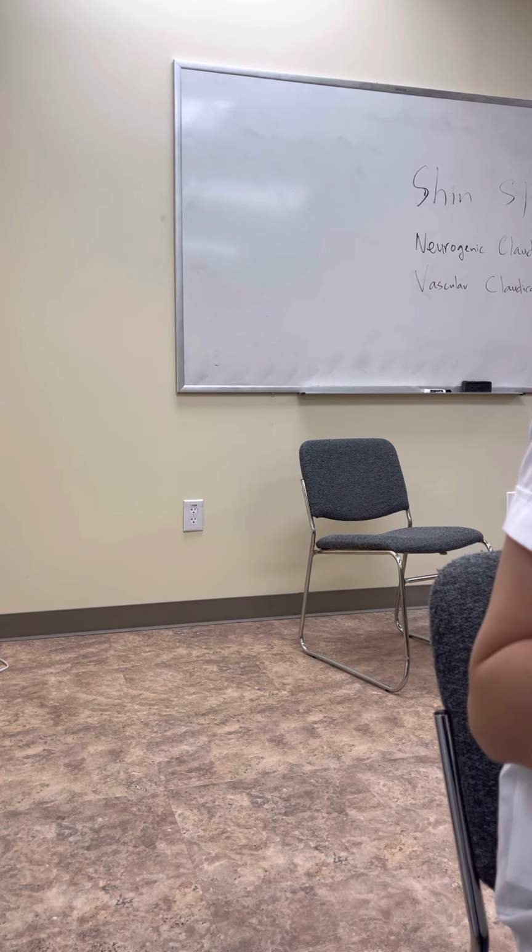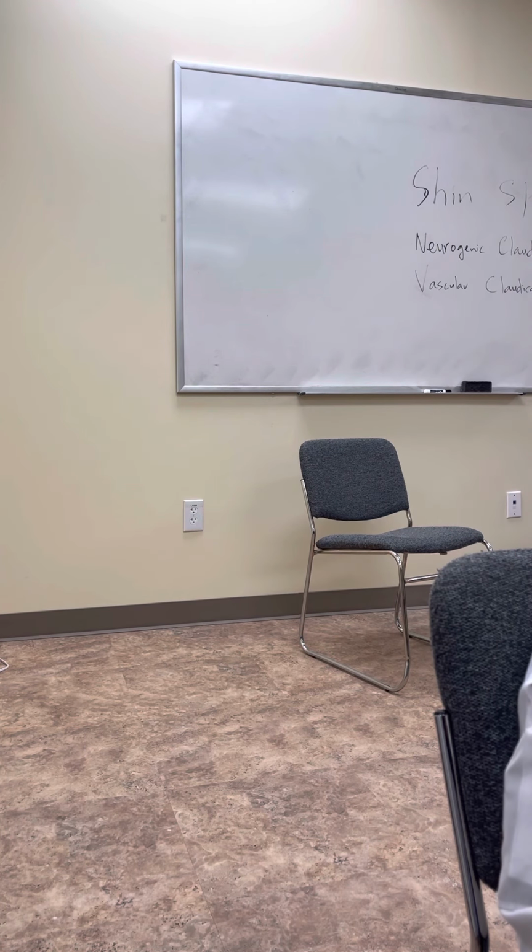The plexus can be involved with thoracic outlet syndrome as well. Thoracic outlet syndrome is doing puffy hand. See? Whole hand, but there's a difference.